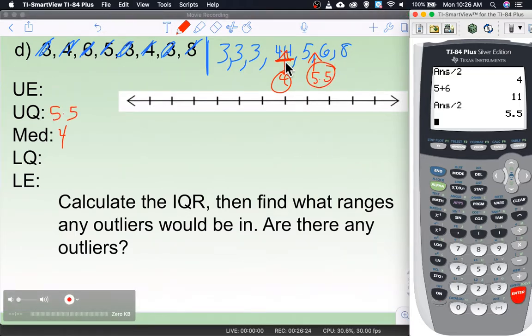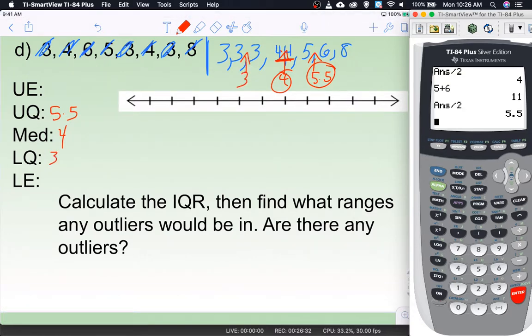The lower quartile would be the middle of these 4, halfway between here, which is still going to be 3. Now, the upper extreme is 8, and the lower extreme is 3.